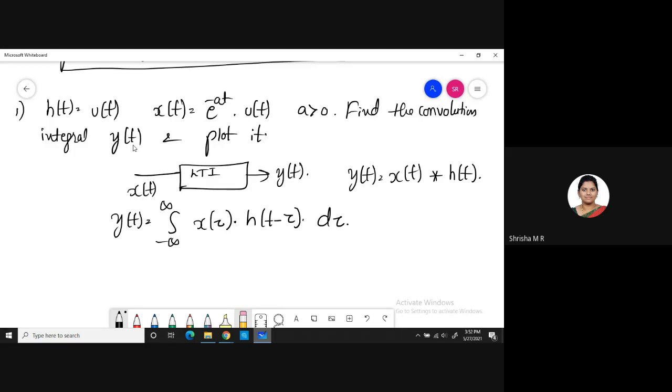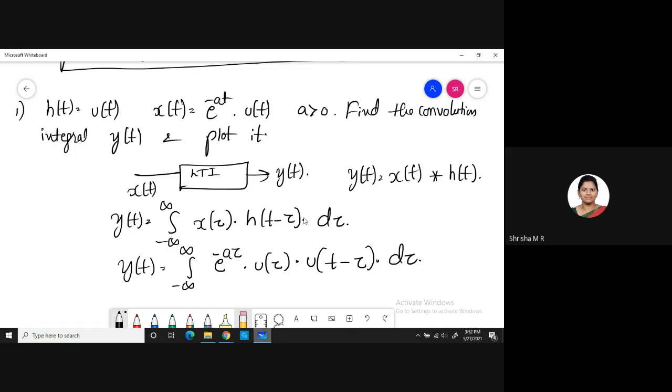So this is the equation. Now, what is our x of t term? This is e power minus at into u of t. Wherever you have t, replace it with tau. In the h of t term, wherever you have t, replace it with t minus tau. So y of t is equal to the integral from minus infinity to infinity of e power minus a tau into u of tau into u of t minus tau d tau.